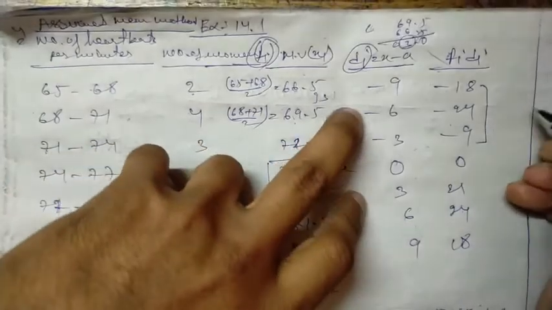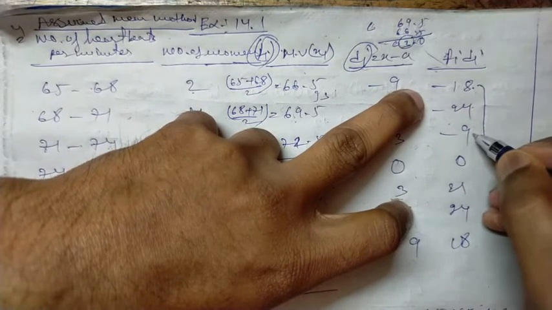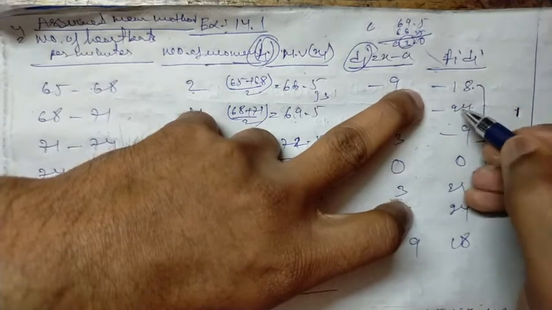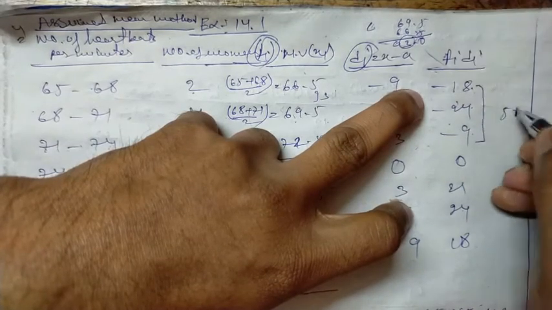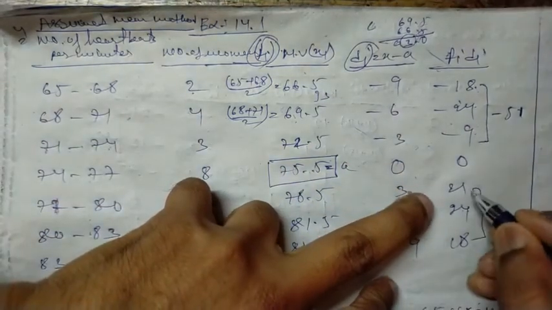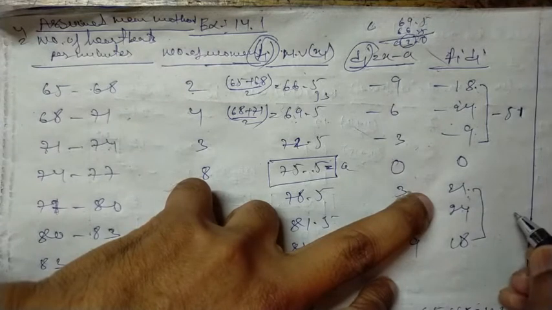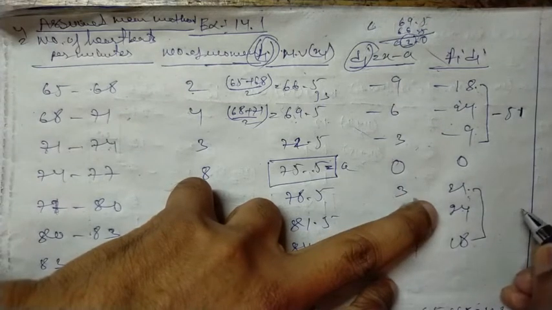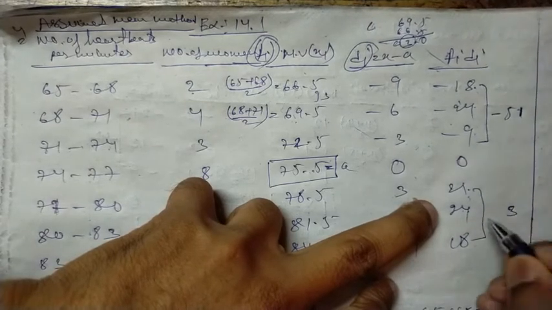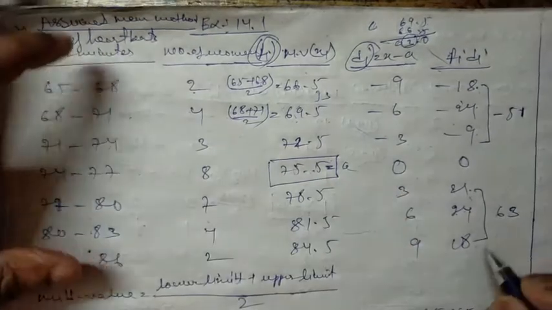After calculating, let's see what we get. 8 plus 4 is 12, 12 plus 9 is 21, 2 carry 3, 4, 5, with minus. Then 4 plus 1 is 5, 5 plus 8 is 13, 1 carry 3, 4, 5, 6.